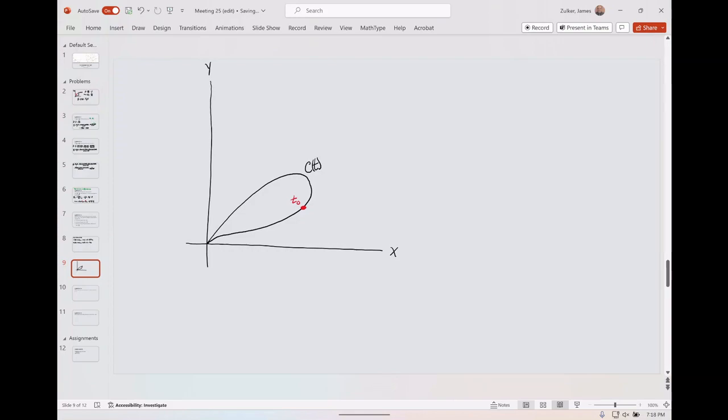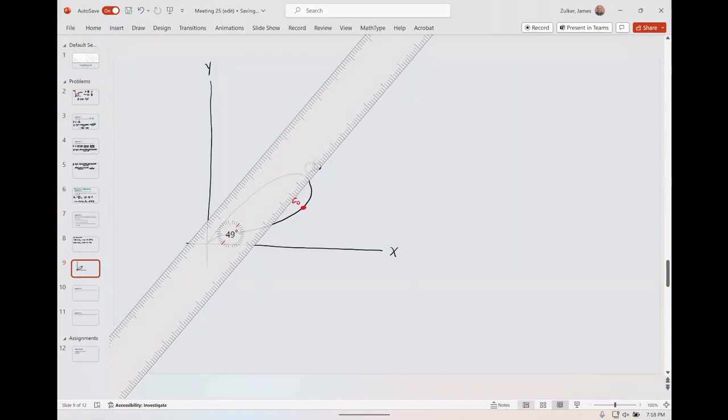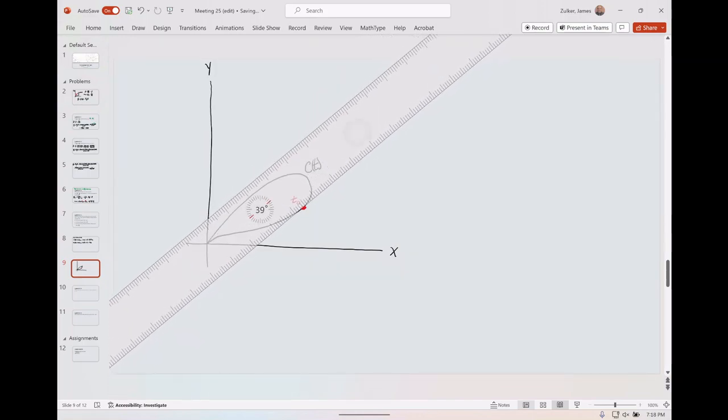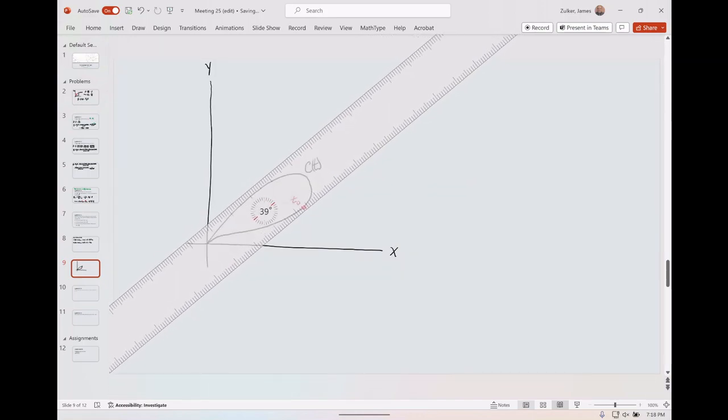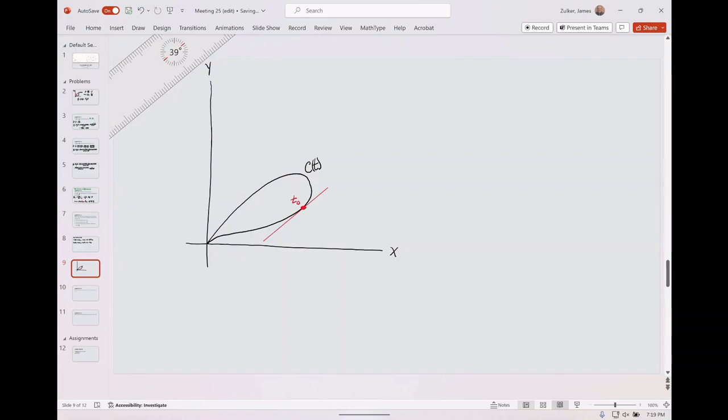Say that is our point t naught. That would be our tangent line at t naught, right?